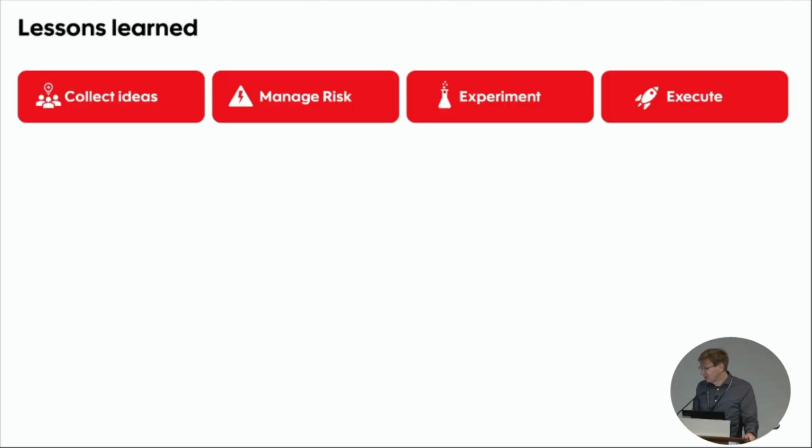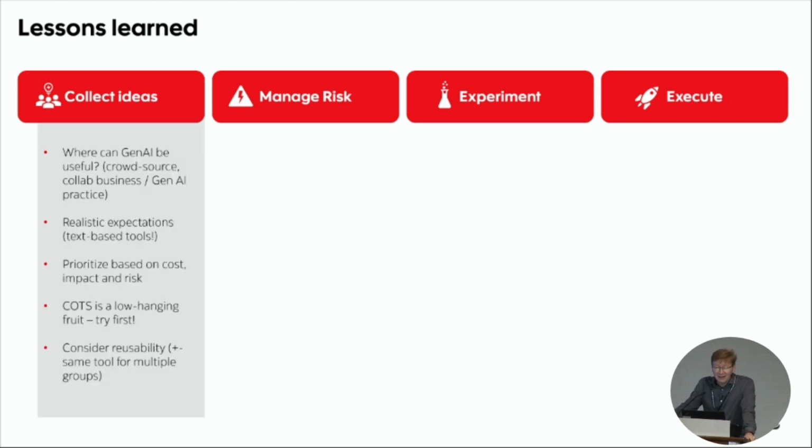And I'm going to conclude now on the lessons we learned during those use cases and many, many more, along what it means for ideation, for risk management, for experimentation, and for execution, delivering to prod. So ideation, really the question is, where can GenAI be useful? And that's not a simple answer.